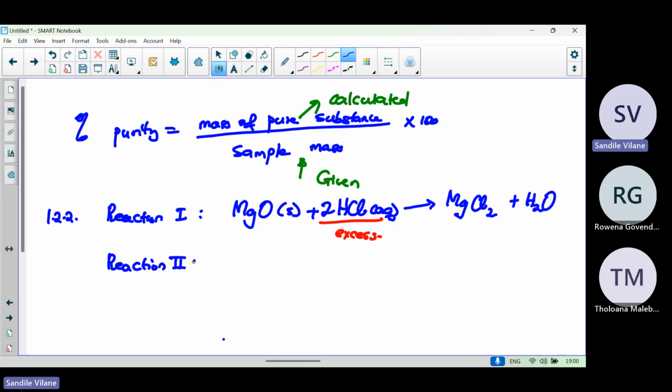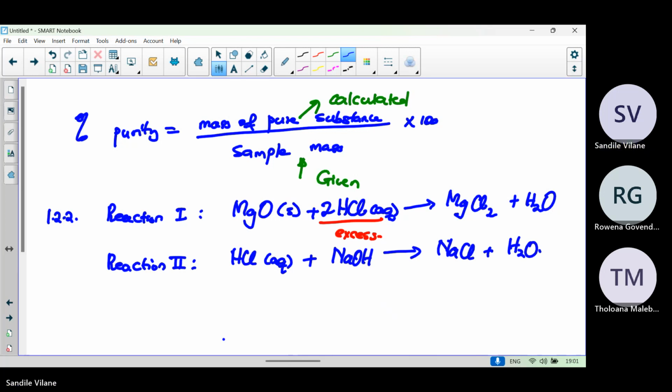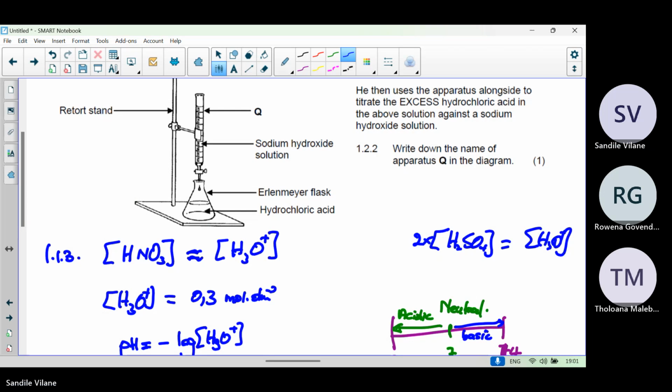This remaining amount is the one that is now being titrated against the sodium hydroxide to produce sodium chloride and water. Did they say neutralization? We will find out if it is being neutralized.